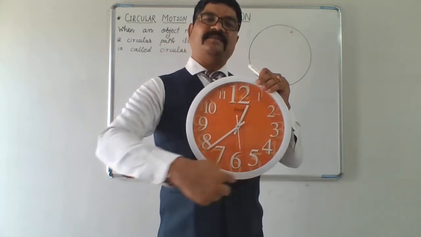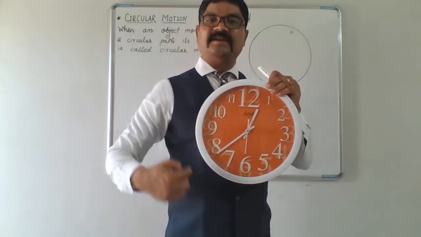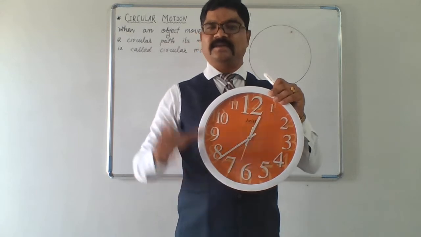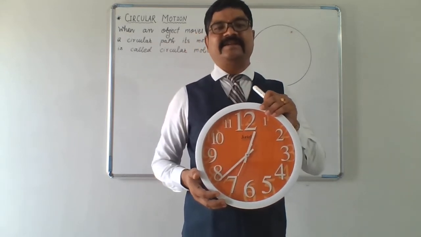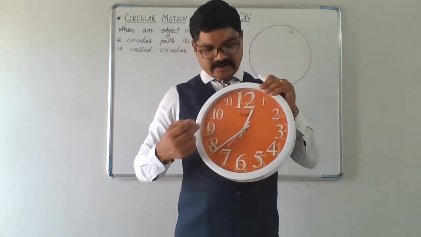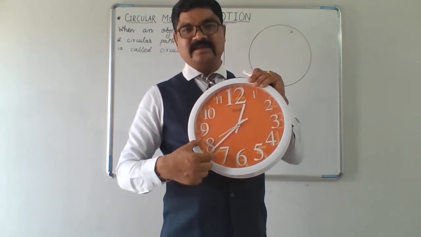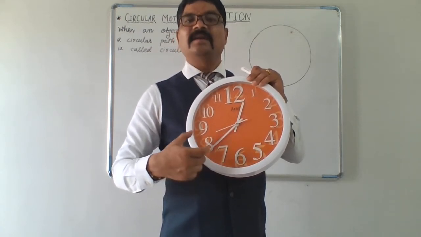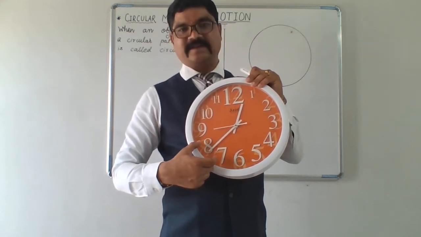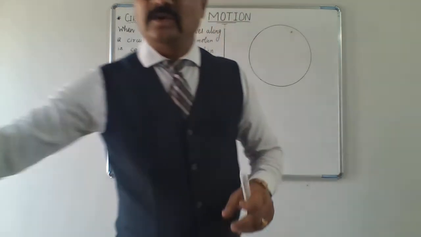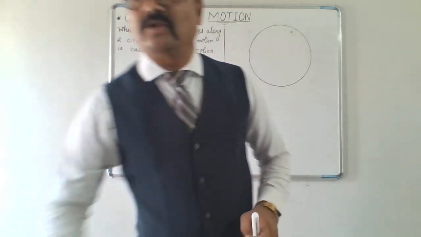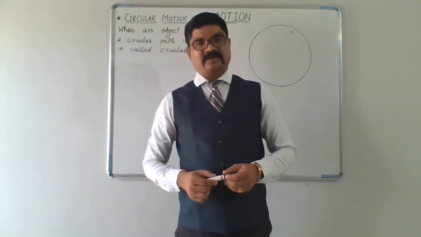In this way, it will shift entirely. It will cover the entire circular path in a fixed 60 seconds of time. Or the second hand will cover this much distance, this much arc, this much linear distance in 5 seconds. So circular motion occurs in different situations.